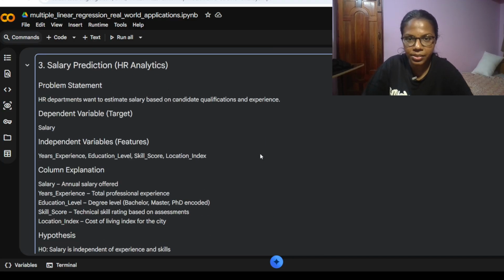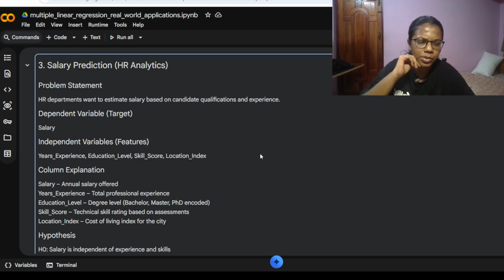HR analytics. Do you have any clues how HR could use data? If you are a fresher who just joined a company as HR, and someone comes to you and asks what the salary will be for this particular job role with this many years of experience, can you tell them immediately?